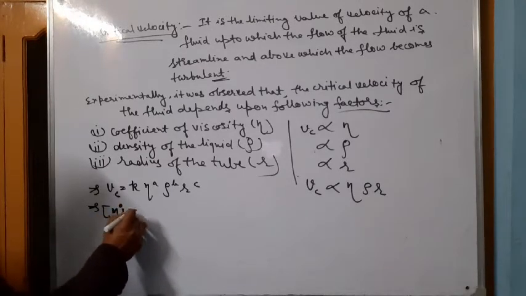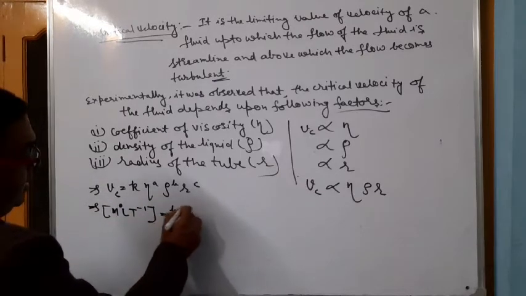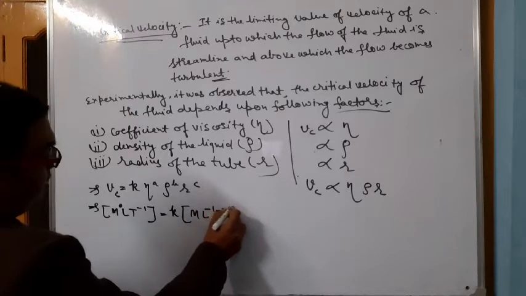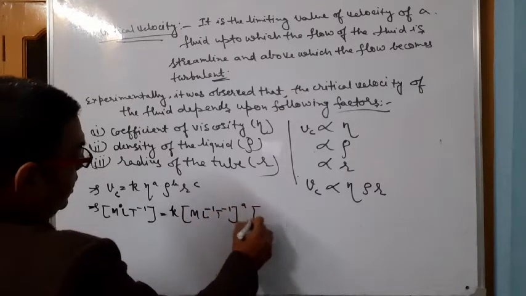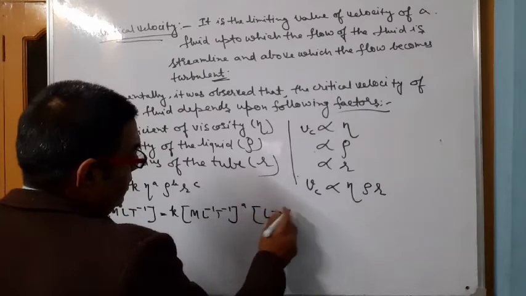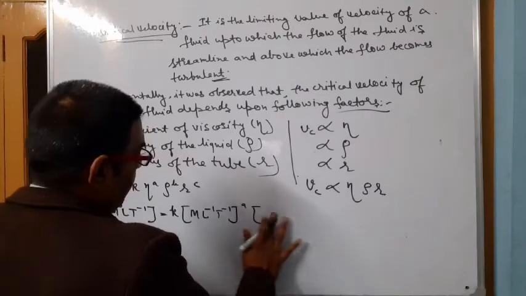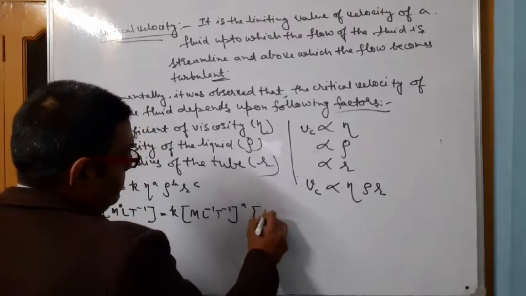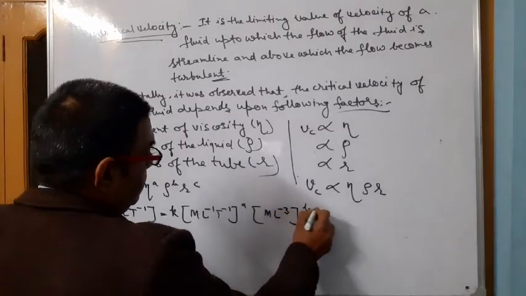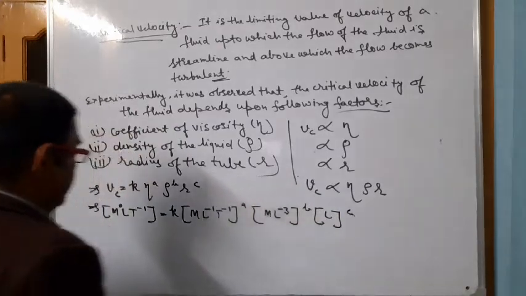M^0 L T^-1, that is equal to K times eta, M L^-1 T^-1 to the power a, rho, that is M L^-3 to the power b, and L to the power c.